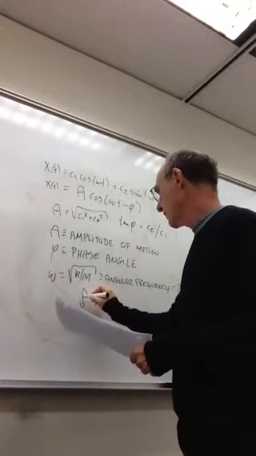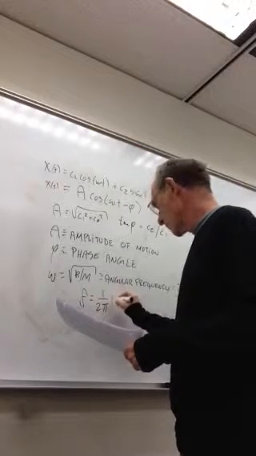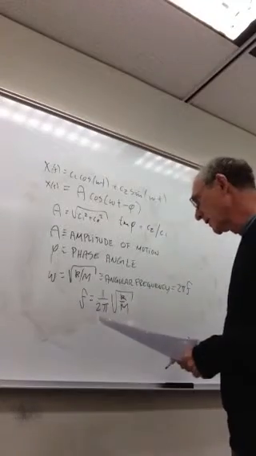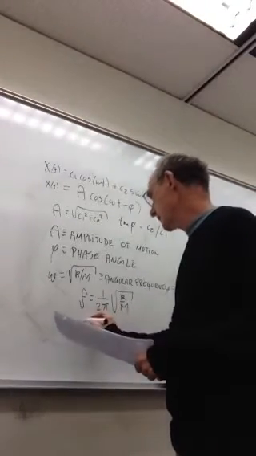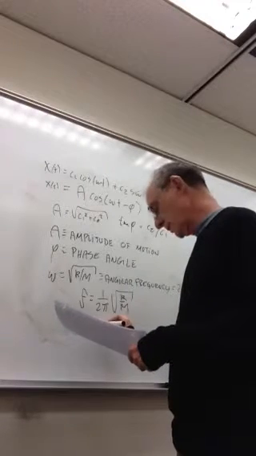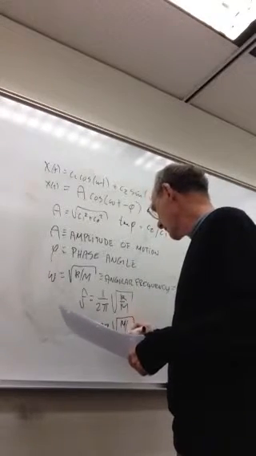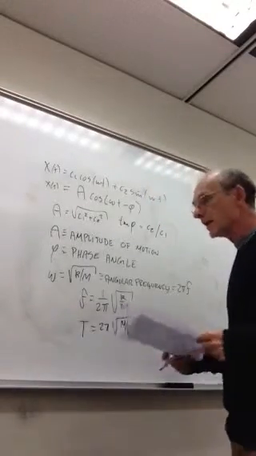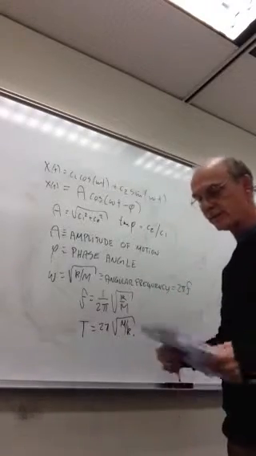So the regular frequency f is equal to 1 over 2 pi times the square root of k over capital M. And since the period of the motion is 1 over the frequency, then the period, capital T, is equal to 2 pi root m over k. The period is how long it takes for the mass to return to the same position.